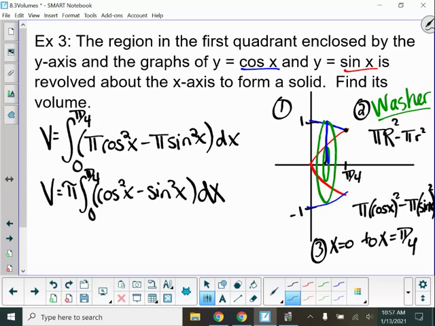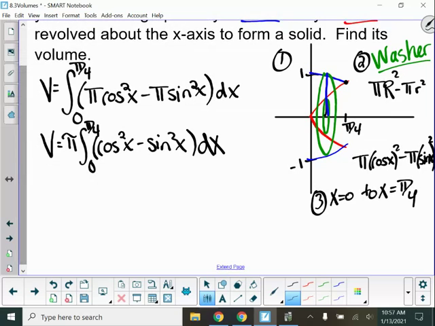We can't integrate these as they are, but we can do a substitution, not necessarily a u substitution, but I can do a substitution on these to come up with one of our equivalent trig formulas, because cosine squared minus sine squared is actually the same thing as the cosine of 2x. So instead of cosine squared minus sine squared, that is the same thing as cosine of 2x dx.